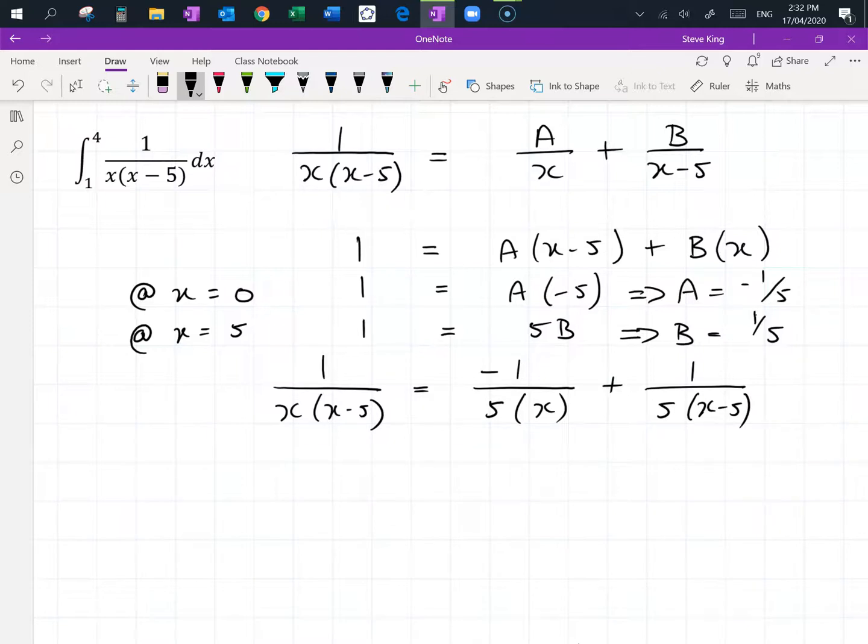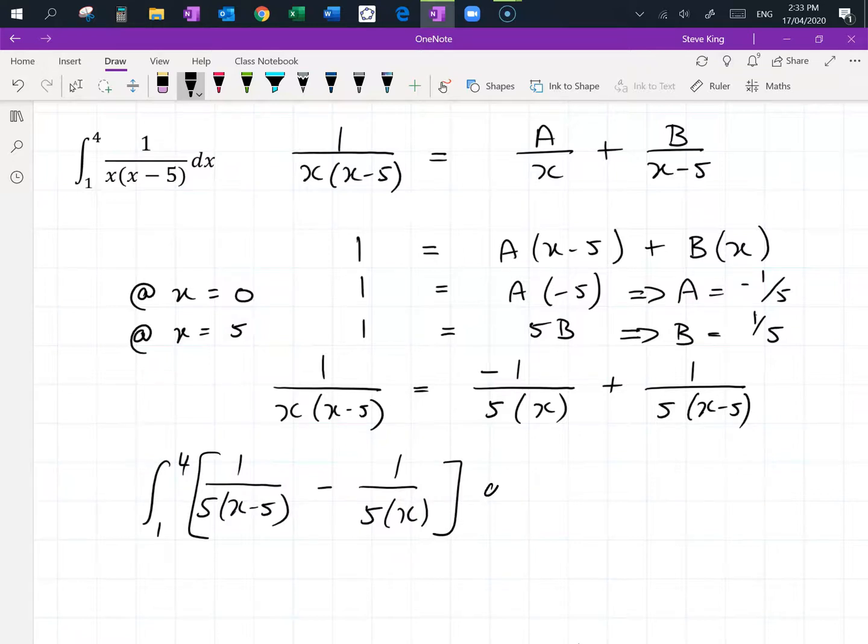Having split the function up in that way, I now go and look at the integral. So I'm going to look at the integral between 1 and 4, and I'm going to just flip these around the other way. So this is going to be 1 over 5 times x minus 5 minus 1 over 5 times x dx.